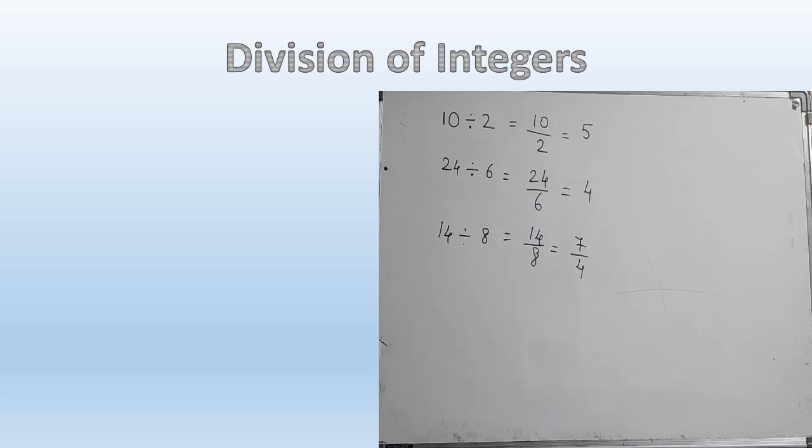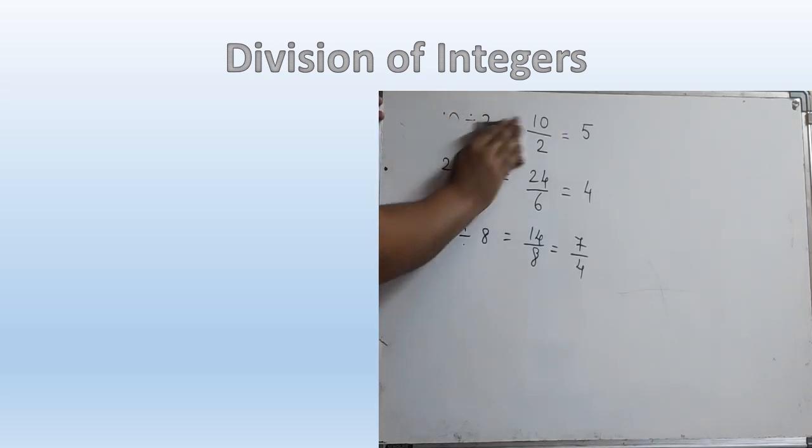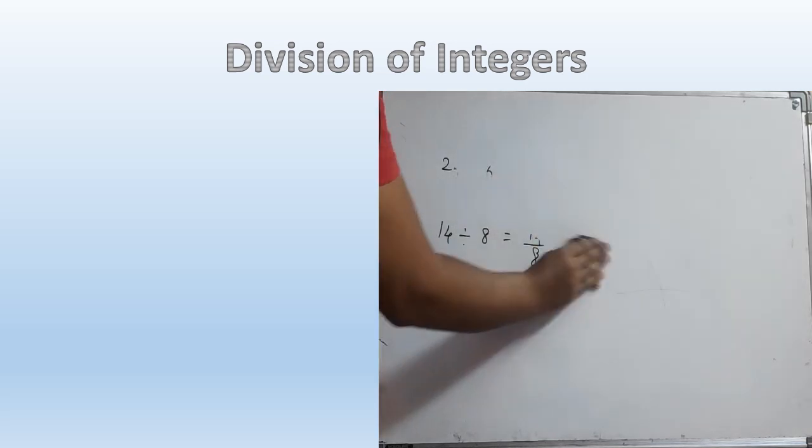So we are going to do the same division in this standard also, but we will have signs in it. Why? Because our divisors and our dividends will be integers. Okay, so now let us look into the division of integers.